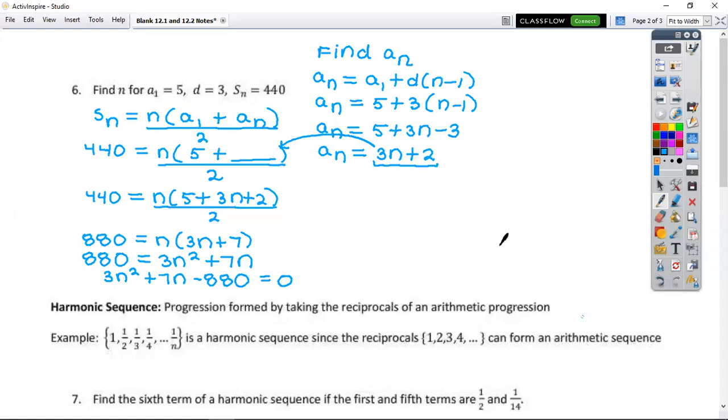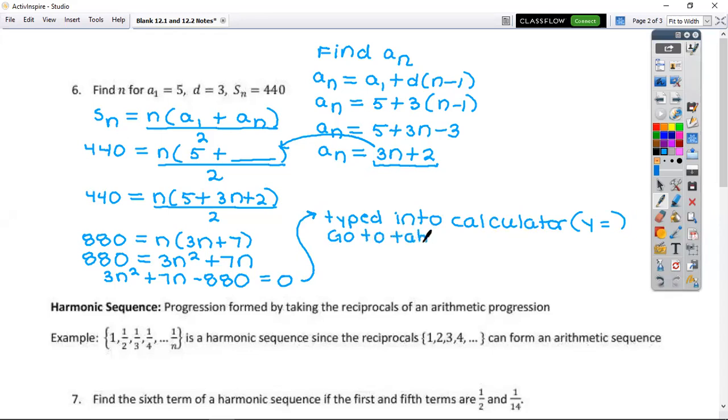But let me write a little note for when you go to look back at homework so you know what we did there. So instead of factoring, which you could obviously do too, we typed into the calculator, obviously y equals, I should probably state that, y equals, go to table and find where y is equal to 0.